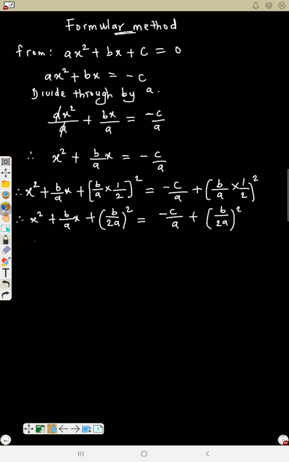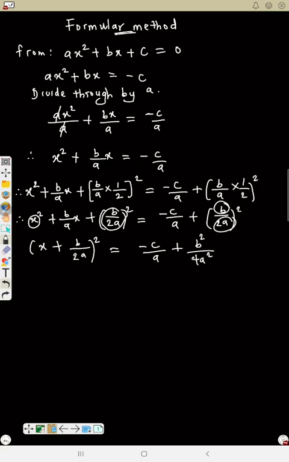Next step, I said focus on this one, that is x plus b over 2a, everything squared, equals minus c over a plus b squared over 4a squared, as in b squared and 2a squared will give us 4a squared. Now this becomes x plus b over 2a squared equals, LCM 4a squared.